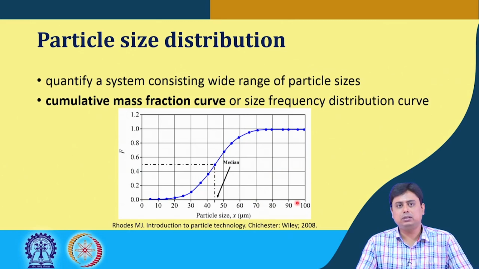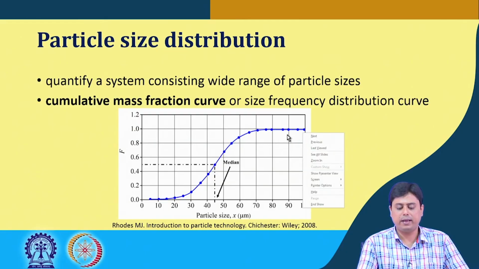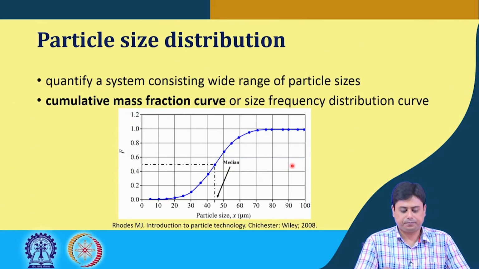Now, what do we get from this cumulative mass fraction curve? This is a typical example. The curve goes to a maximum value of 1, because the total mass fraction cannot exceed 1.